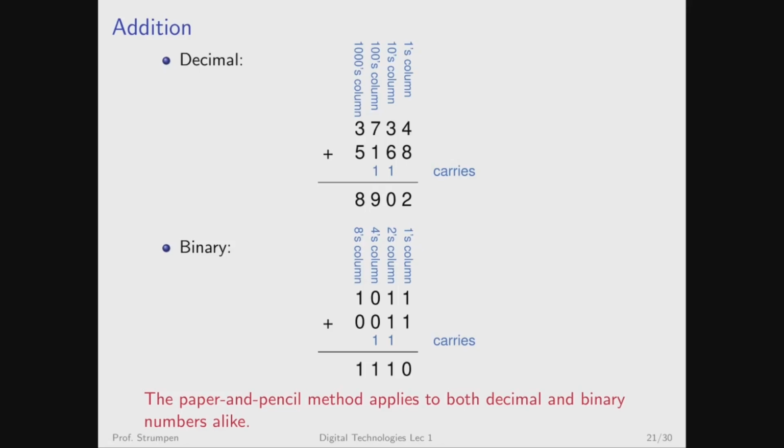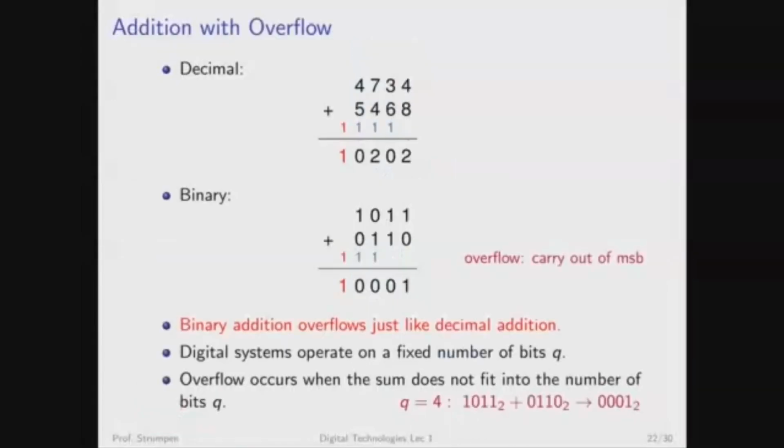Overflow simply means if I am giving you 2 decimal numbers and sum them up, there is a ripple out of the most significant position, right? That 1, so that the sum is a 5-digit number, although both summands are just 4-digit numbers.